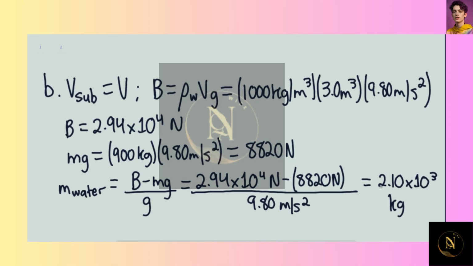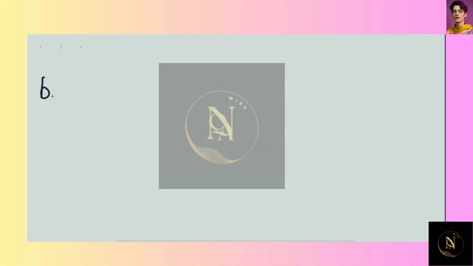And so the volume of the water then would be equaling the mass of the water divided by the density of the water.